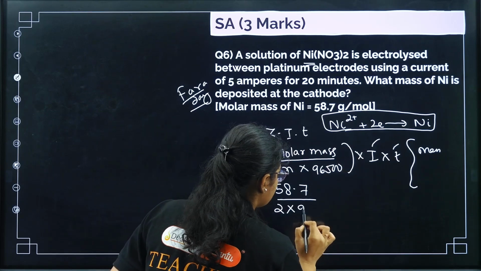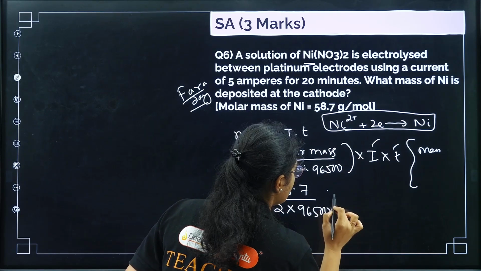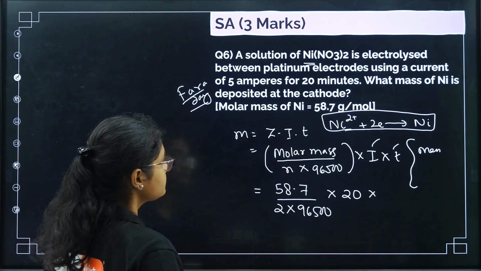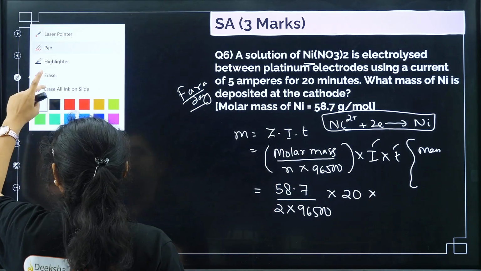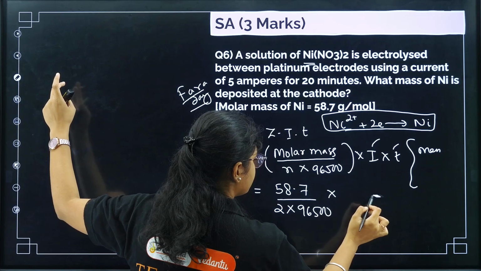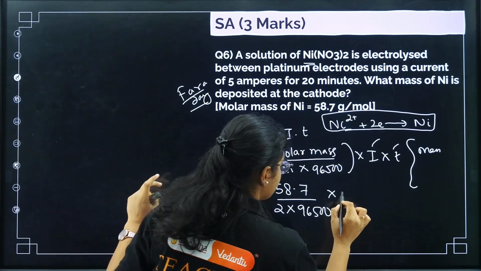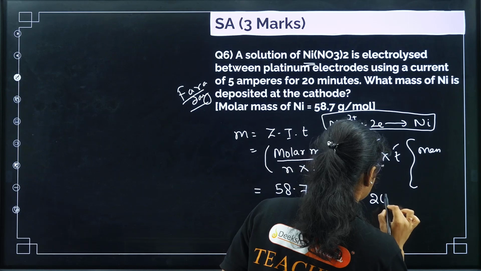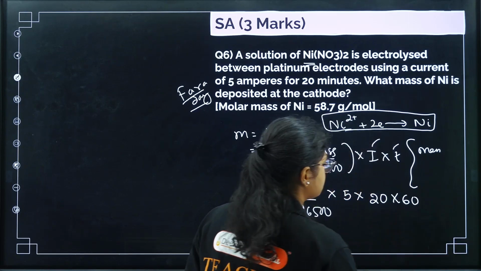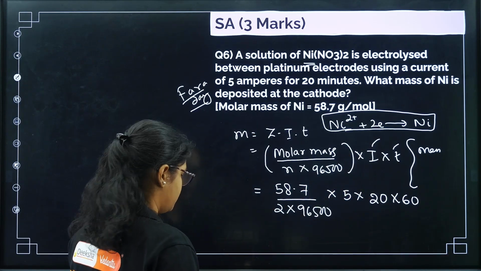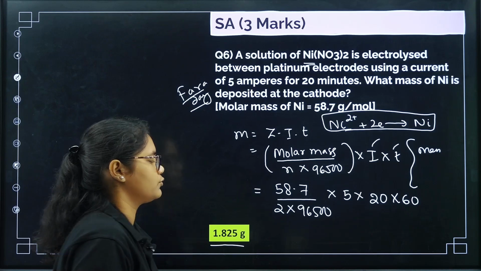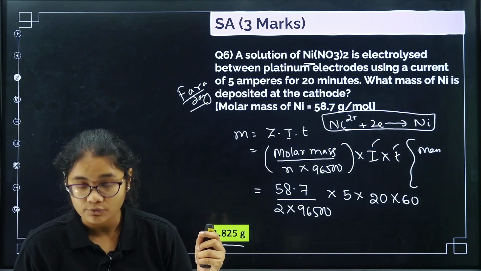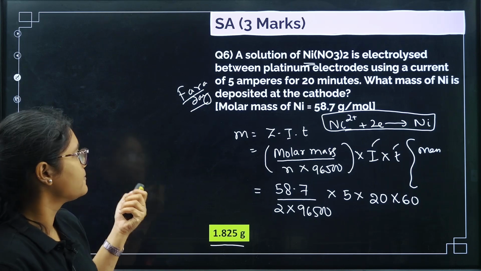Next, 96500, current is 5 amperes, and time is 20 minutes. 1 minute is 60 seconds. If you solve this, we will get 1.825 gram. So 1.825 gram of nickel will be deposited.